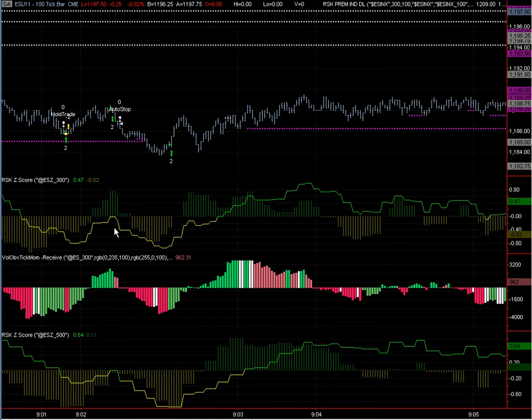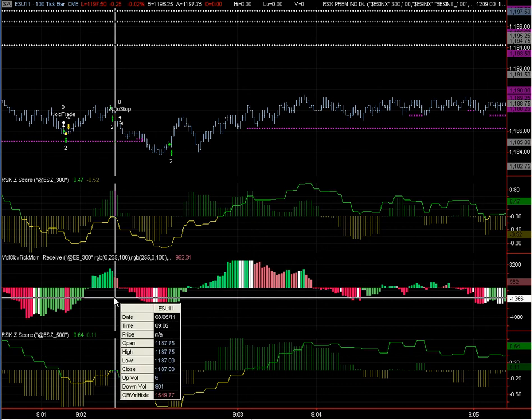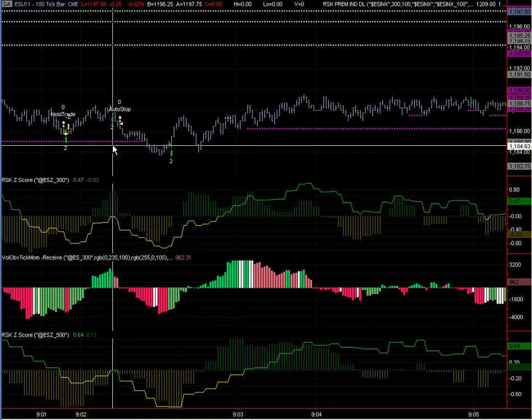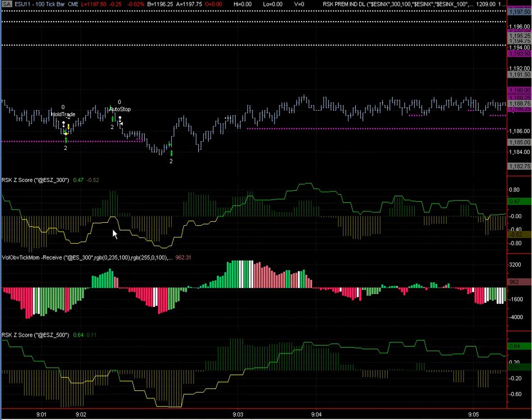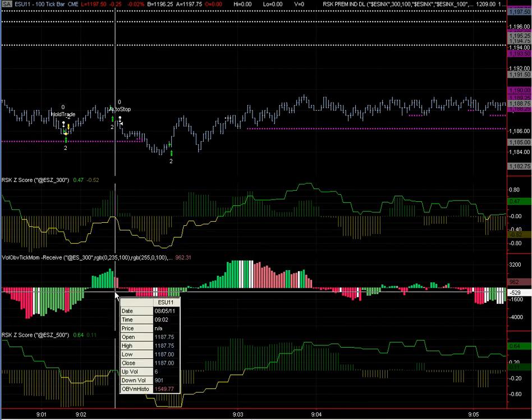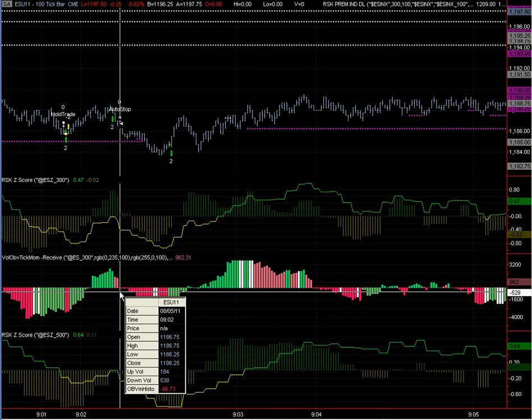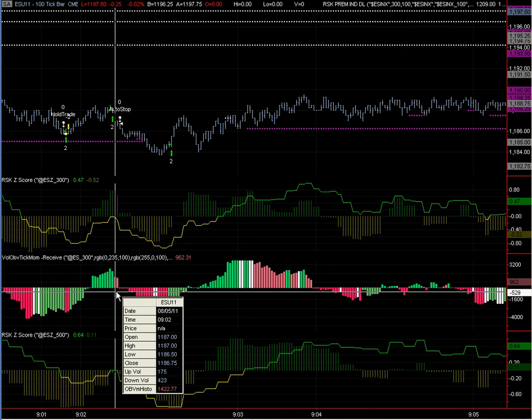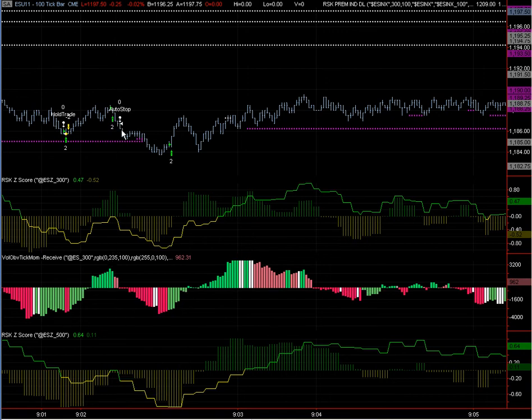The other part of the formula is that the bars of the volume on this 300 have to be negative. They have to be red. So here's this long trade. Z-score is below 0, volume bars are red, and therefore we get stopped out. That's the auto stop feature.